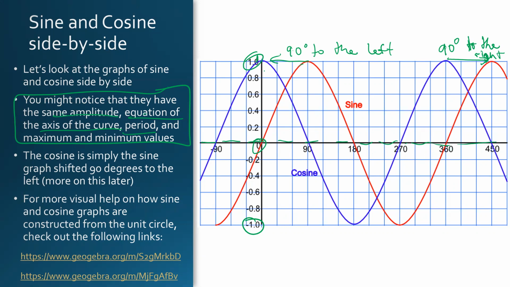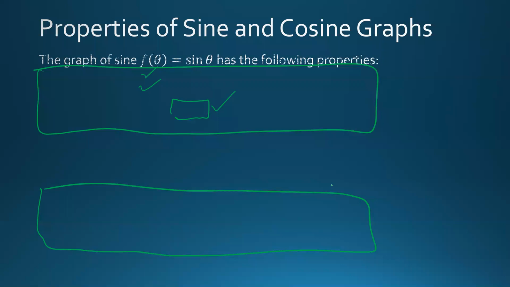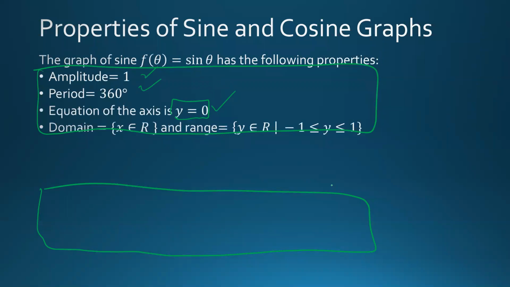And for the cosine graph, you can see here that it starts at 0 and 1 and ends at 360 degrees and 1. So there's another cycle as well. So we know the period is 360 degrees, just looking at a couple of cycles. The amplitude is 1, because that's the distance from the equation of the axis of the curve to the max, and the equation of the axis of the curve to the min.